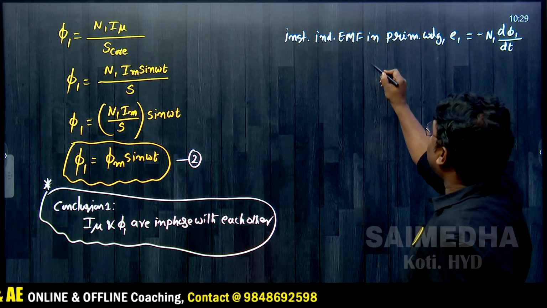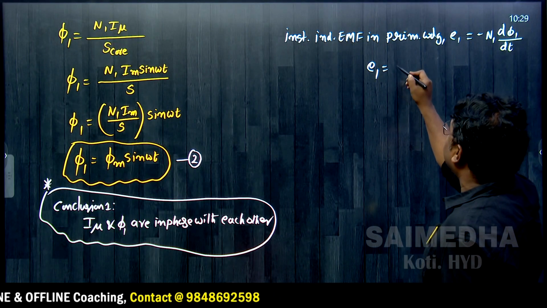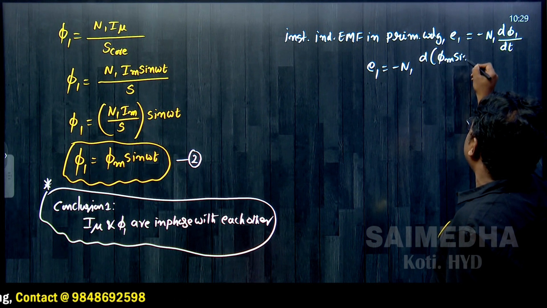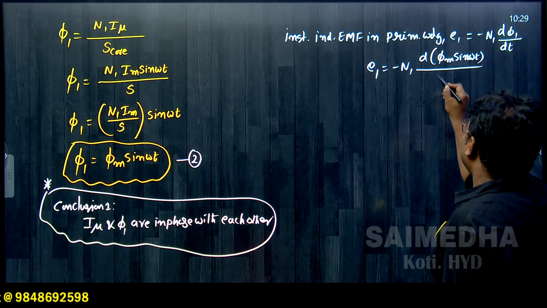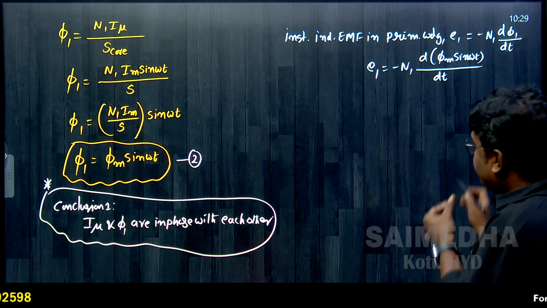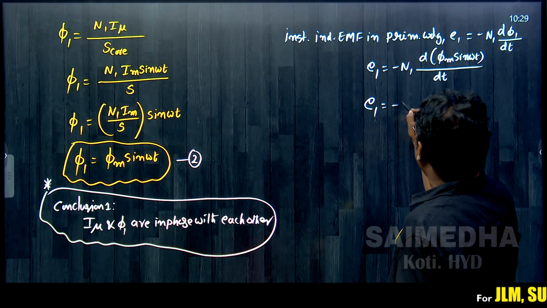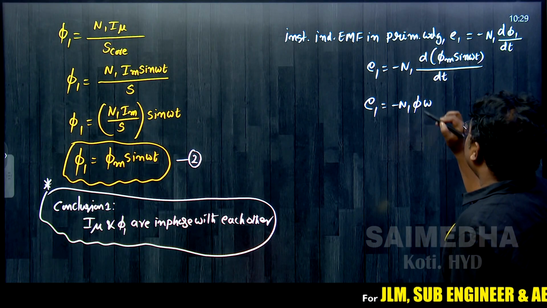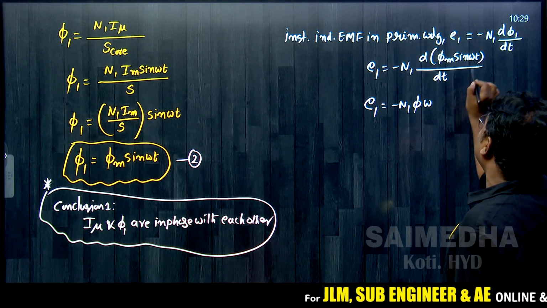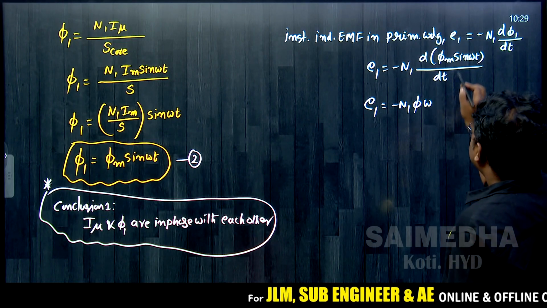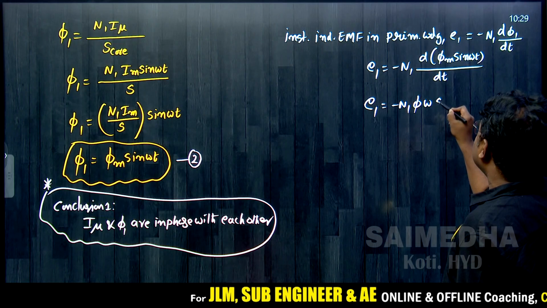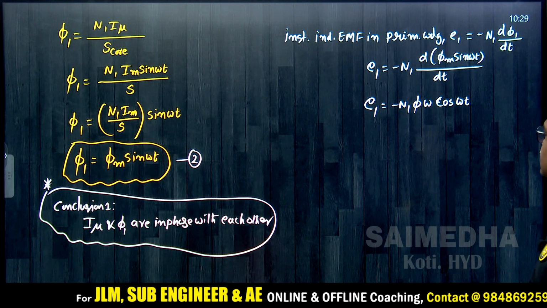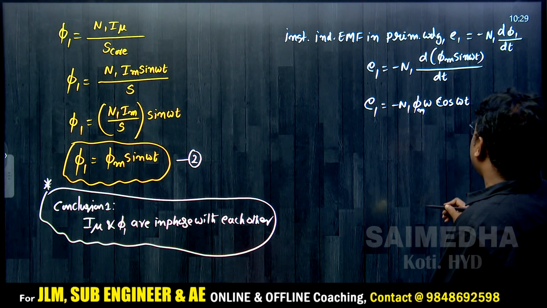Now substitute the flux in this equation. So minus N1 times the differentiation of phi maximum sin omega t with respect to time. If we differentiate with respect to t, omega comes out, and the derivative of sine is cosine. So we get minus N1 phi maximum omega cos omega t.